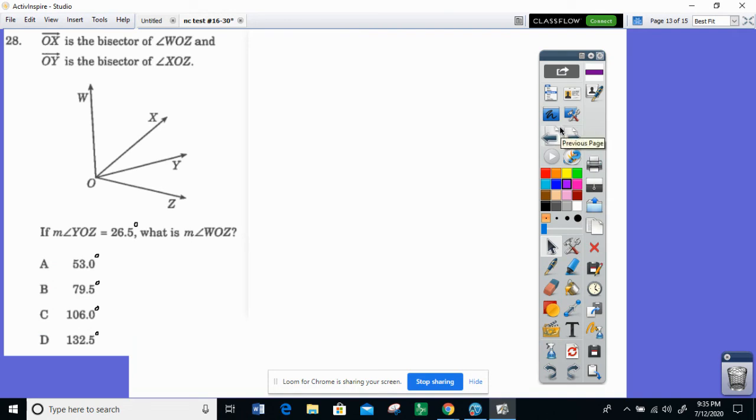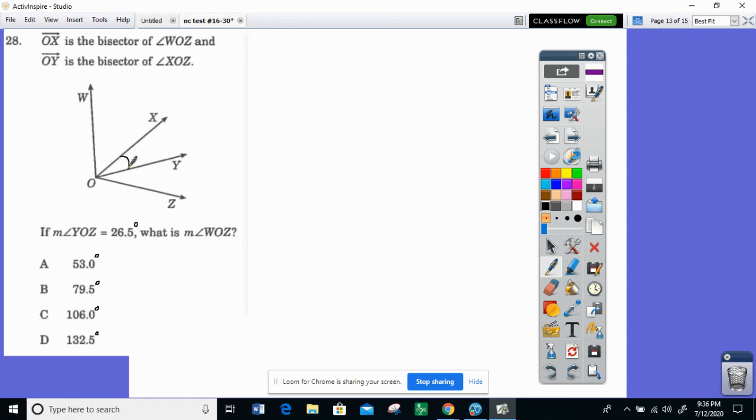All right, number 28. Ray OX is the bisector of angle WOZ. So right away, we know that this ray is splitting angle WOZ in half, and ray OY is the bisector of angle XOZ.